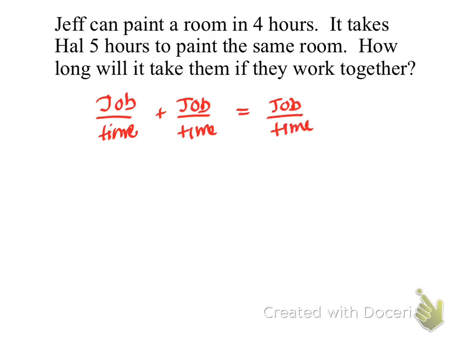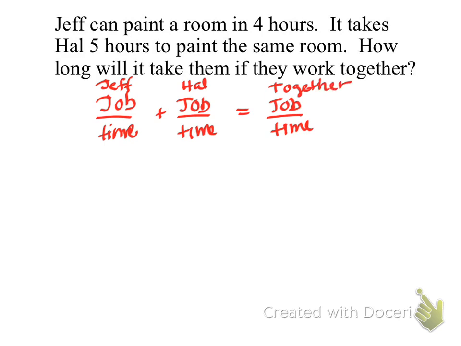Okay? I'm going to explain. So let's say my job that I complete over in how long versus McKenna's jobs, how many jobs can she complete in how much time, and then the last one is the together time. So in this case we're talking about Jeff and Hal, and they're painting a room. The first one is Jeff, this is Hal, and this is together. Okay?